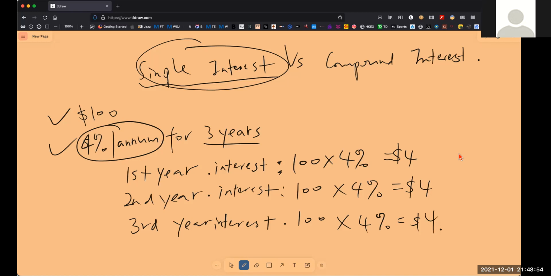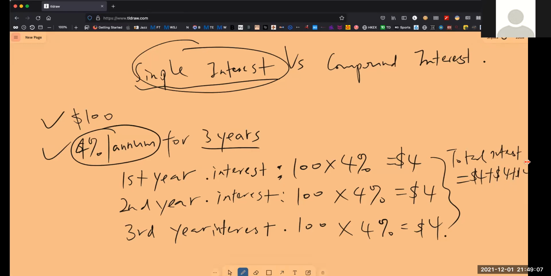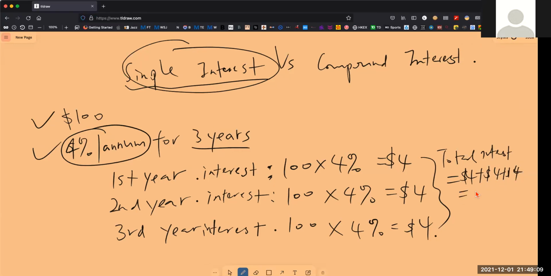So after 3 years, can you see that all the interest add up? The total interest is 4 plus 4 plus 4, 3 times 4 is 12. So the total interest is 12.